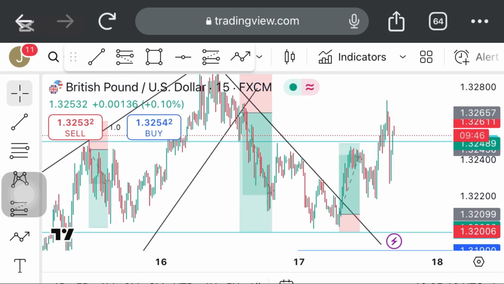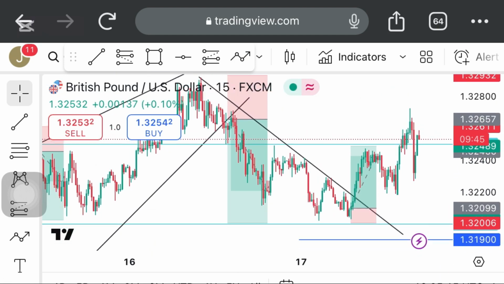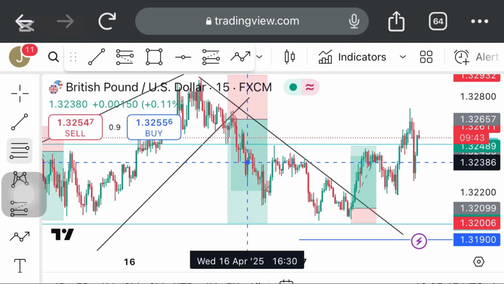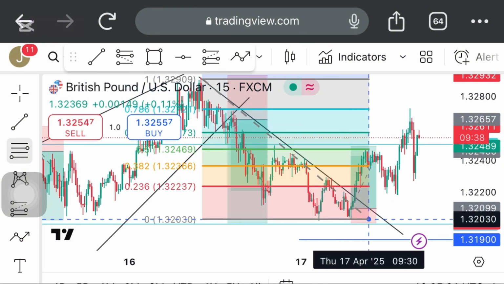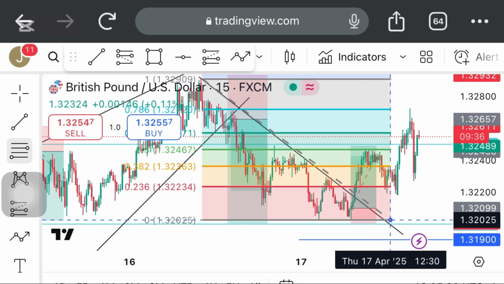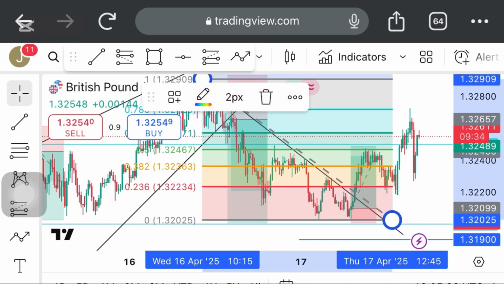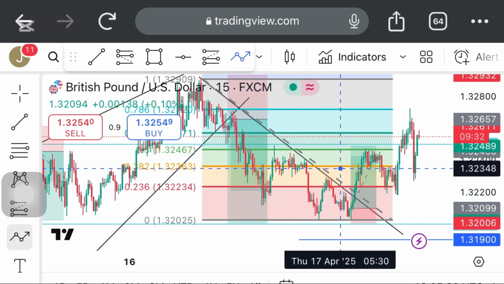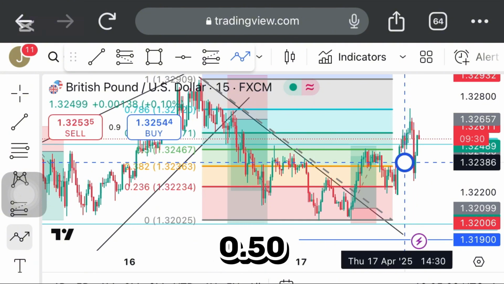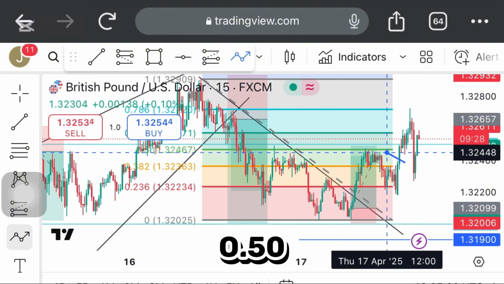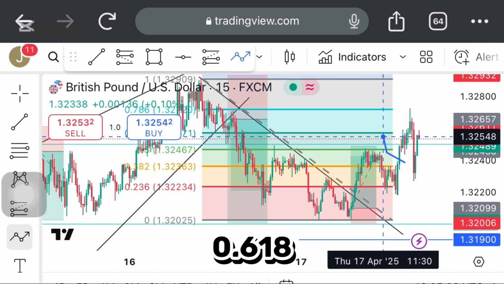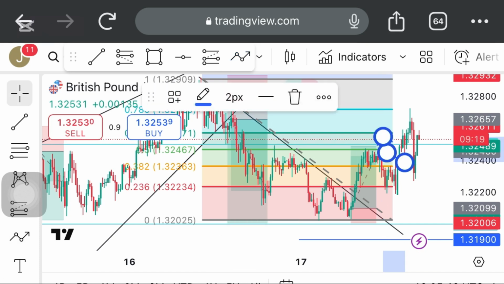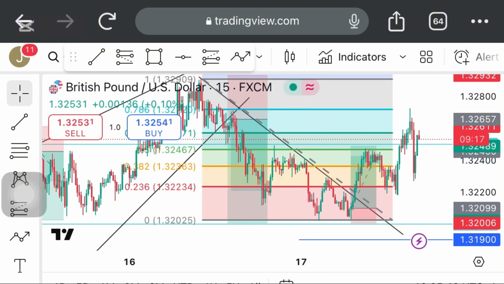That was why I exited, because if you check our Fibonacci retracement from the recent high to the recent low, you will see that this is our hot spot zone, our zone of entry, where we make use of 0.5, and also this level too, 0.618. So I exited because price was making hesitation at this level.